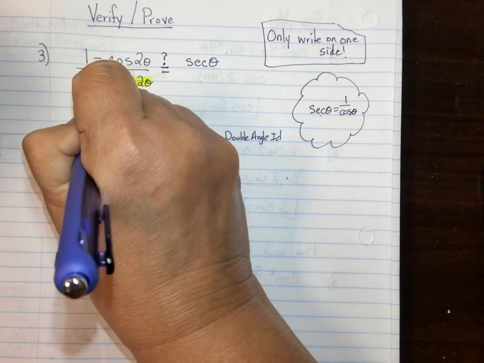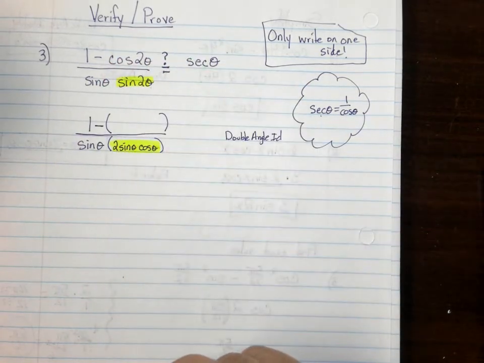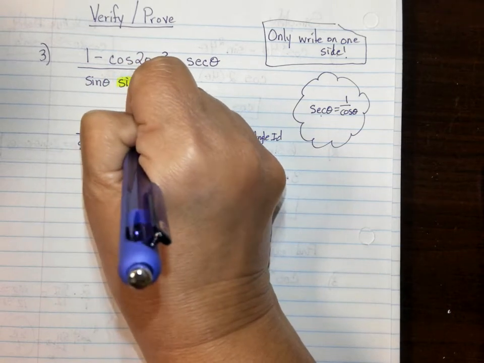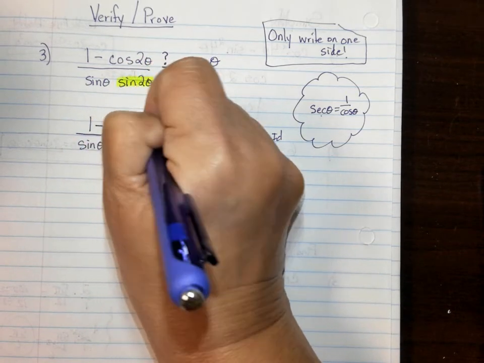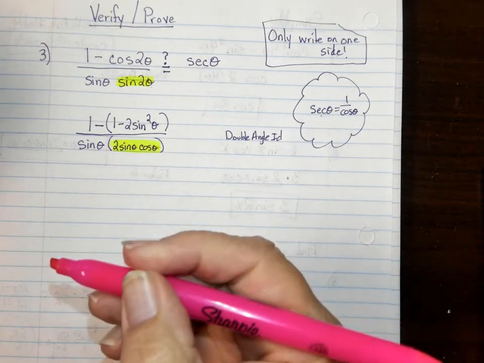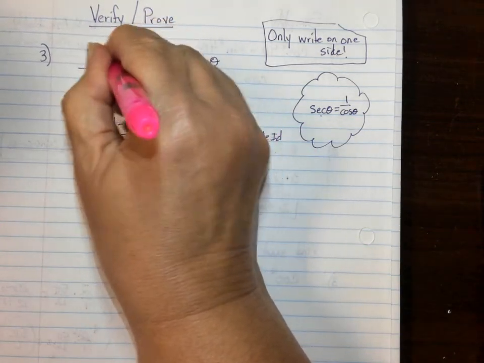All right, so I'm going to replace it with 1 minus, and remember whenever you subtract, put it in parentheses, you're subtracting the whole amount. 1 minus 2 sine squared theta. So I did another substitution.